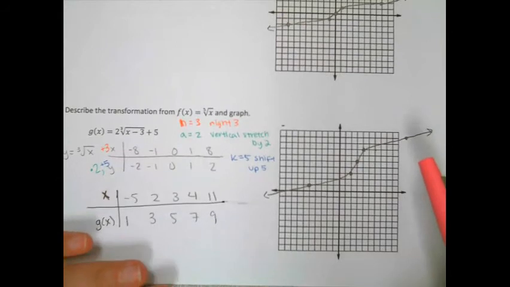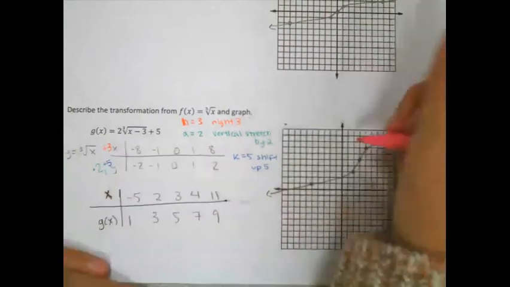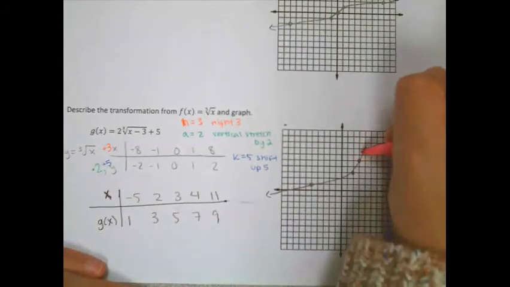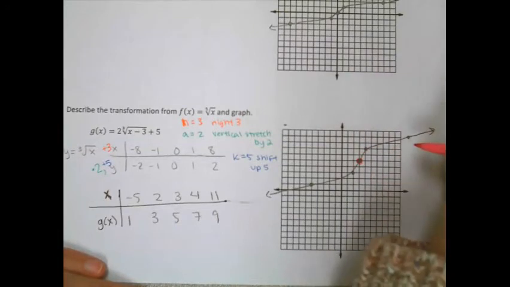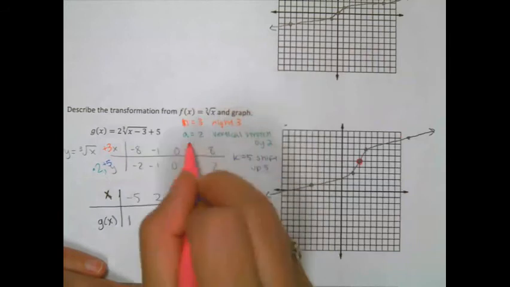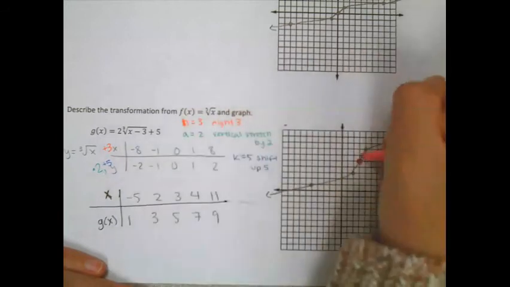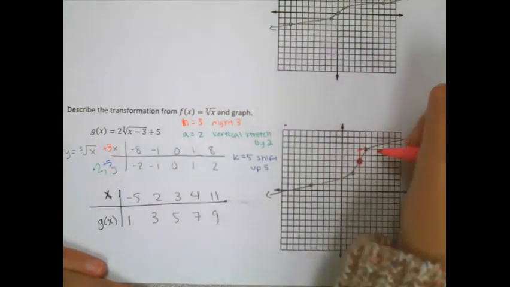Something to take note of is if you look at the points directly to the right and left of your center point, the same kind of center point, your h, k value that we've seen in the past, you can see your stretch, your a value, because you go up 2, right 1.